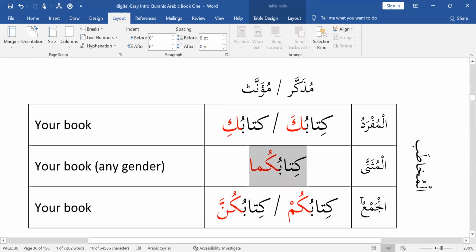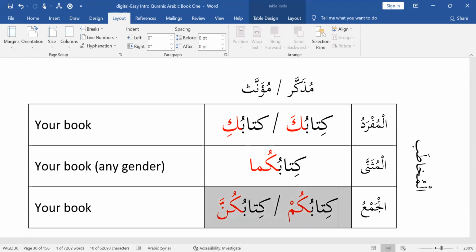And finally, for the plural, al-jama', you say kitabukum. Kitabukum is for 3 or more boys, and kitabukunna is for 3 or more girls. So kitabukum, 3 or more boys, kitabukunna, 3 or more girls. But what if I have 2 boys and 1 girl, or 2 girls and 1 boy?